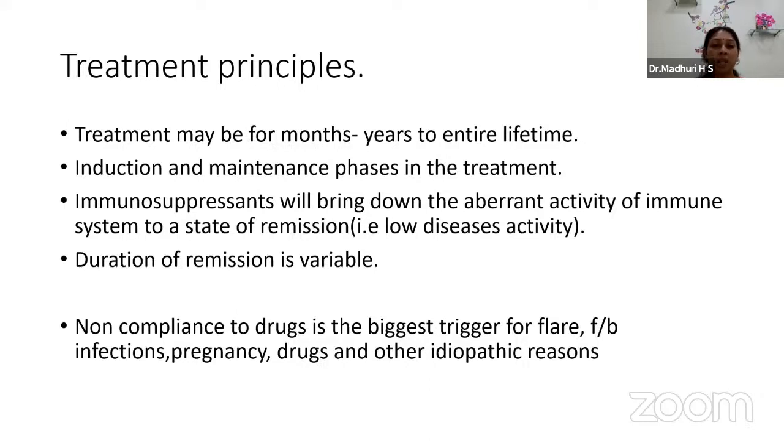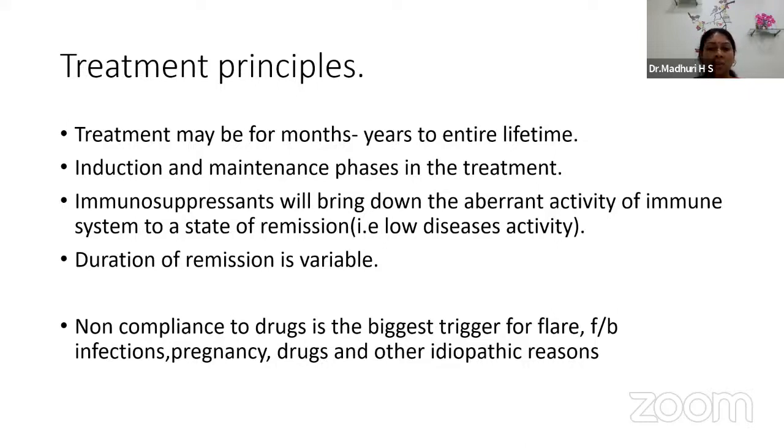And then we use something called an induction phase and a maintenance phase. You would have heard this in TB treatment also. The induction phase has more number of drugs or higher dosage of each drug, to bring down the active disease quite rapidly to a stable phase. And then the maintenance phase is to manage the disease in that low activity state.